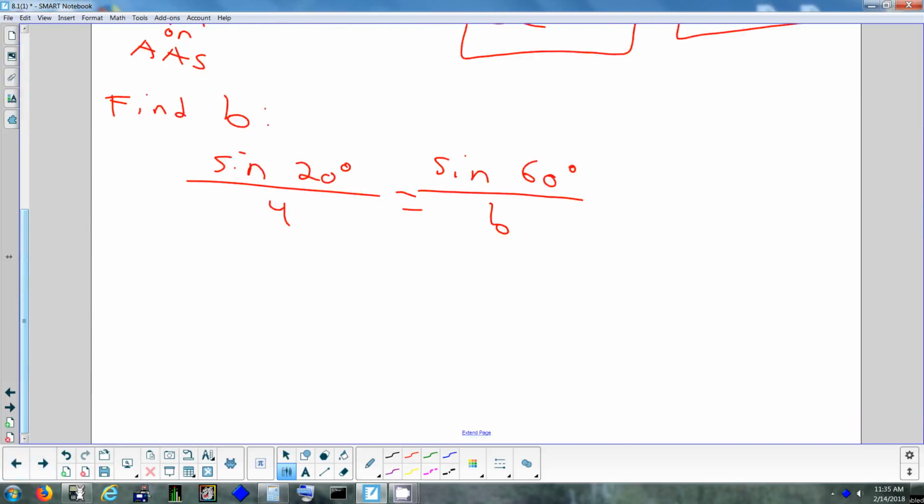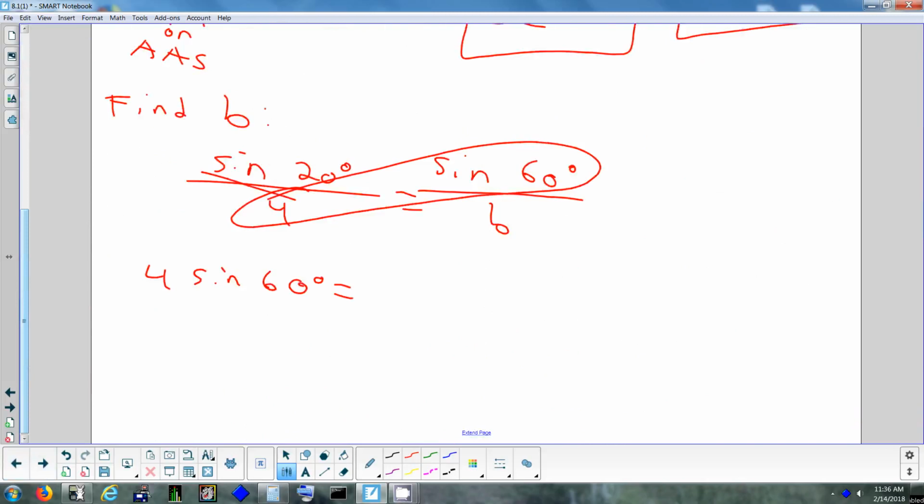So we have 3 numbers and one thing that's not a number. How do you solve a proportion? What do you do? Cross multiply. So you're going to have 4 sine 60 equals B sine 20.